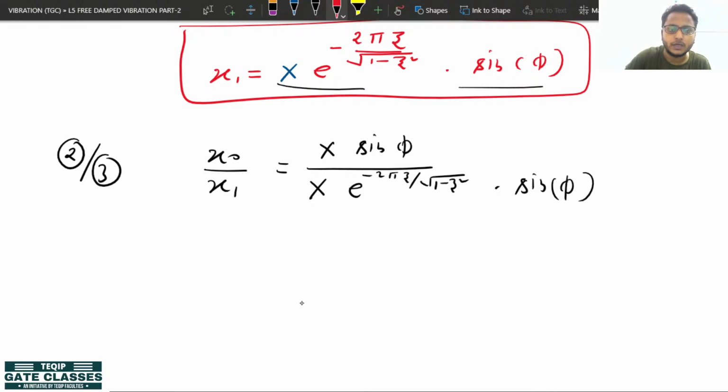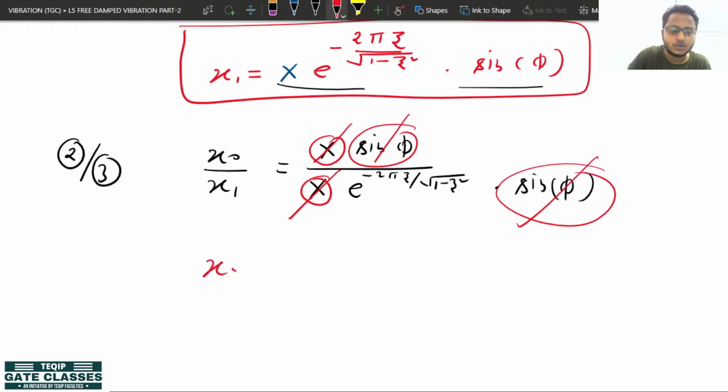Now capital X cancels out, and sine phi also cancels out. So x naught upon x1 equals e raised to the power 2 pi zeta divided by root of 1 minus zeta square. It is coming back to the numerator, so the power becomes positive.